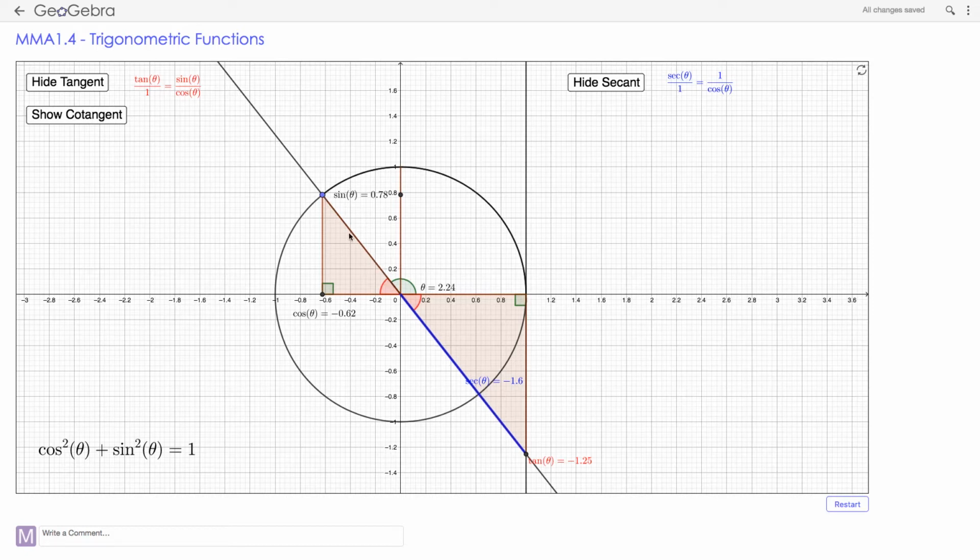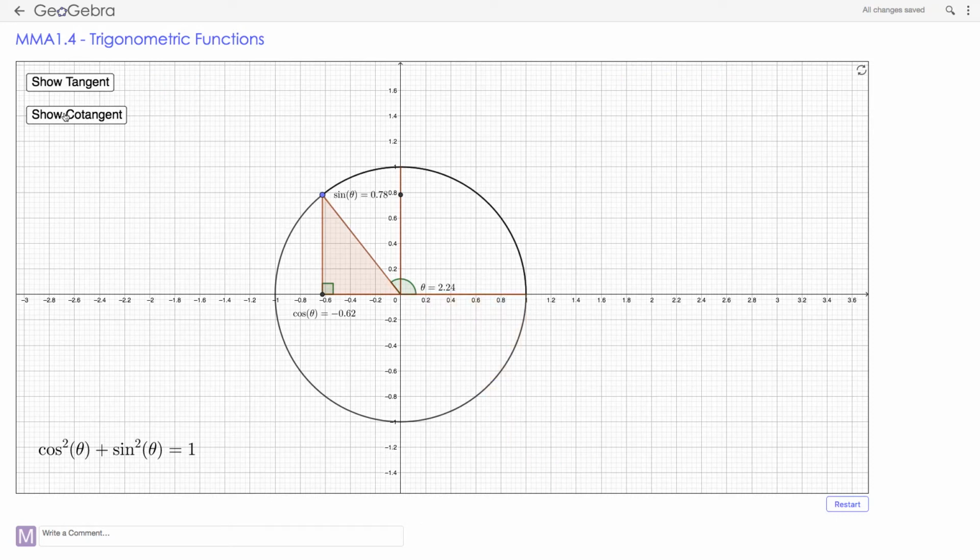So if we take this length and divide by this length, which is cosine, we get the same as if we take this length and divide by this length. But this is always 1, so we get a 1 down here, and then the secant here. So the secant is just 1 over cosine. Okay, so let's hide those again.